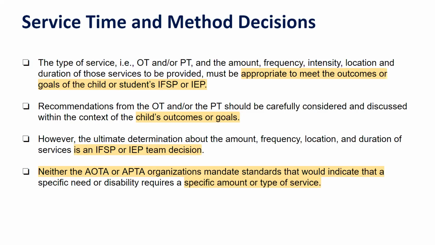So we have to remember the natural environment for that IFSP and across the entire curriculum for that Part B. Do those specific goals and outcomes help that student achieve that? What recommendations did the OT or PT consider? And did we discuss that as a team within the context of our outcomes and goals?